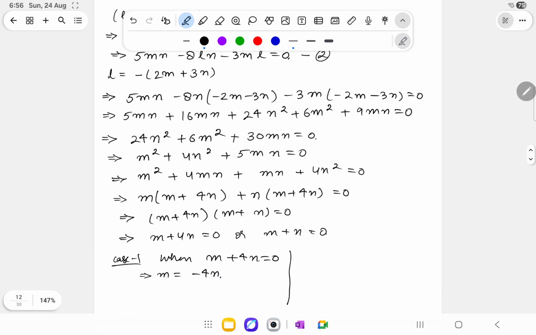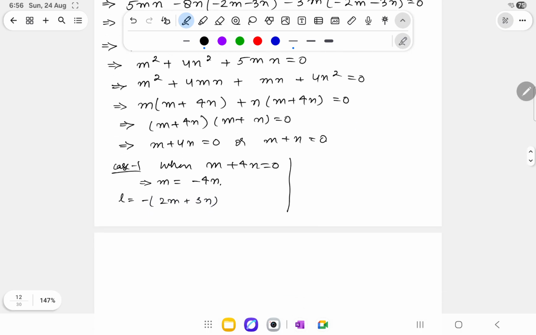and L is minus of 2m plus 3n. So by substituting the value of m, I'll get L as minus 2m, which is minus 8n, plus 3n, which equals 5n. So my direction ratios are L by 5 equals m by minus 4 equals n by 1.